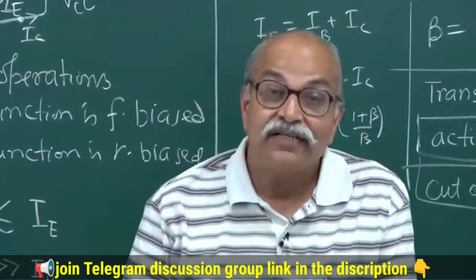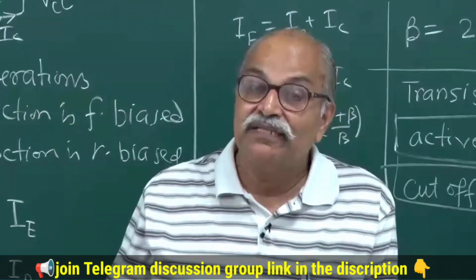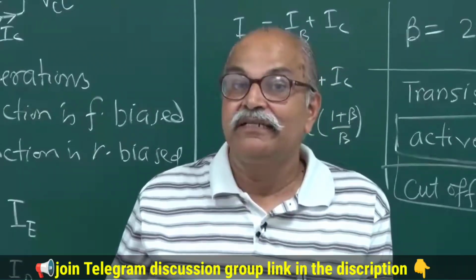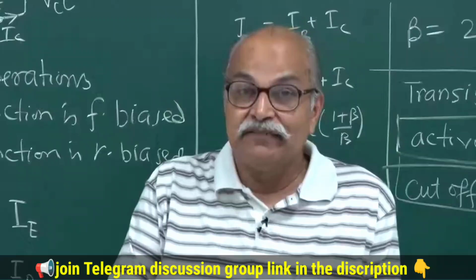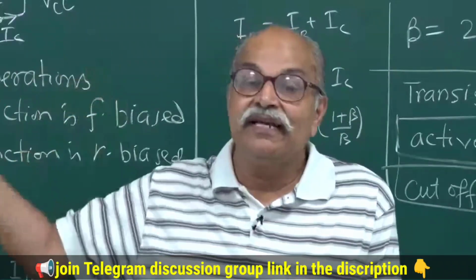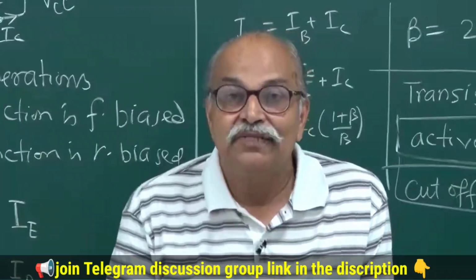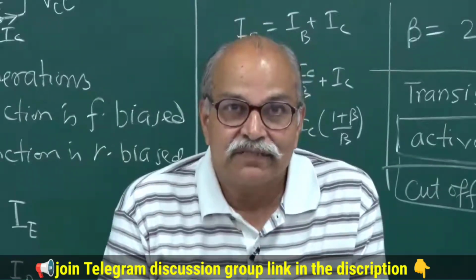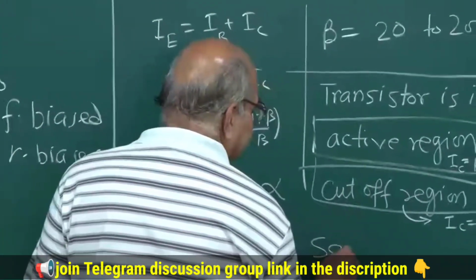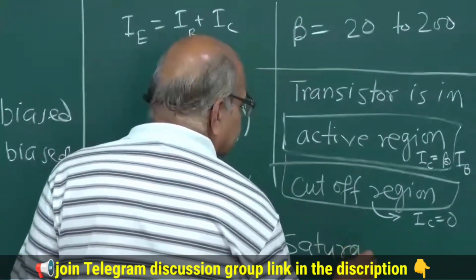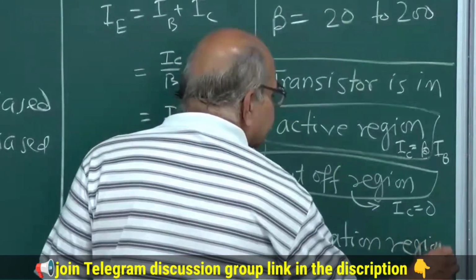The collector efficiency of drawing electrons from the base, in the case of an NPN transistor, is saturated; it cannot draw any more. If you increase IB, IC will not increase proportionately, because the collector is not ready to receive all those electrons. If that happens, that is known as saturation region.